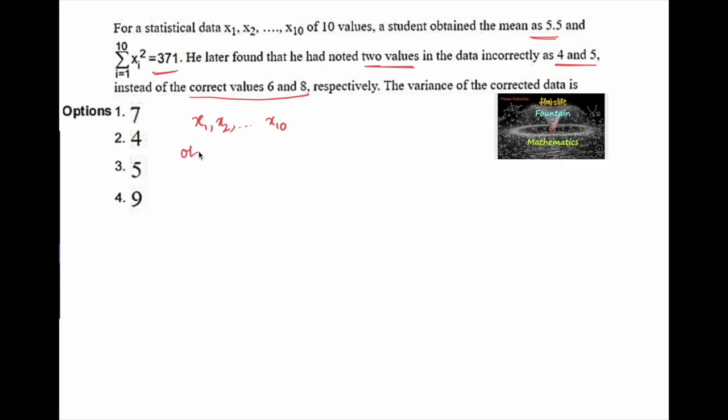So here we can say the old sum, that is summation of xi, since the mean is the old mean. Here the mean is 5.5 and summation of xi divided by 10, so the sum can be taken as 5.5 into 10, which is equal to 55.